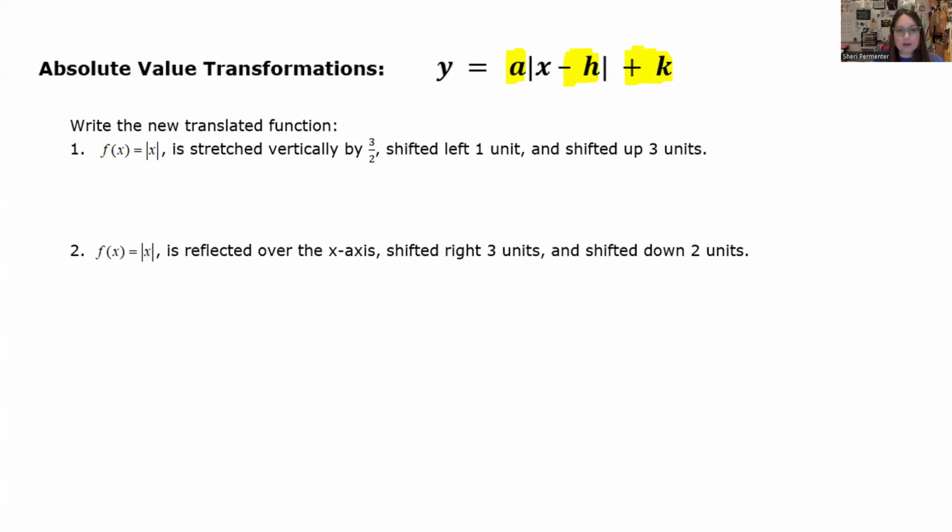It can be y or f of x. It doesn't really matter. Y equals, I leave myself a little space after the equal sign. Absolute value x. I leave myself a little bit of space. So I'm leaving myself spaces right here, and then I've got space that I could write after. I'm going to do the same thing for question 2. Y equals, leave myself a little bit of space.